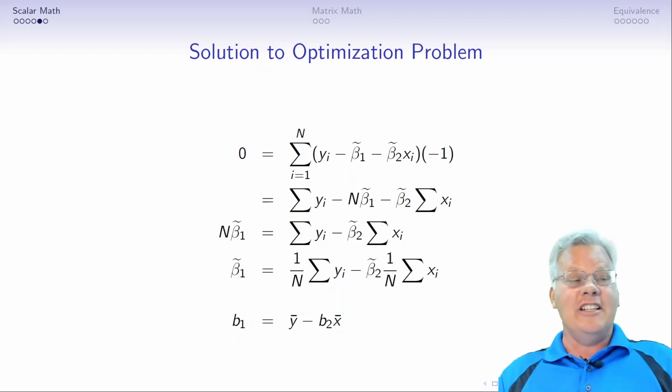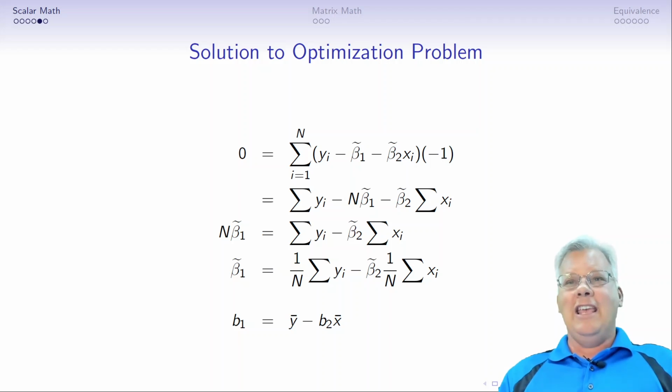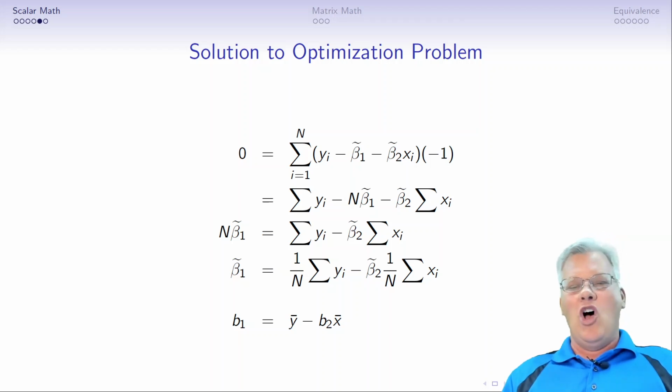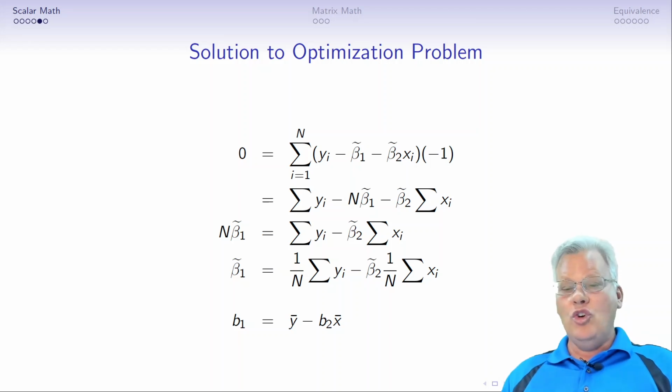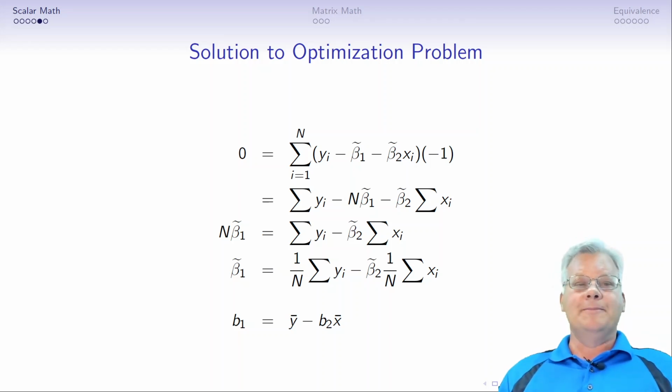It doesn't have a statistical distribution. It is a discrete value. Our estimate of it is b sub 1, where b is the Latin analog to the Greek letter beta. So b sub 1, which is the OLS intercept, is equal to y bar, the mean of y, minus b2 times x bar.